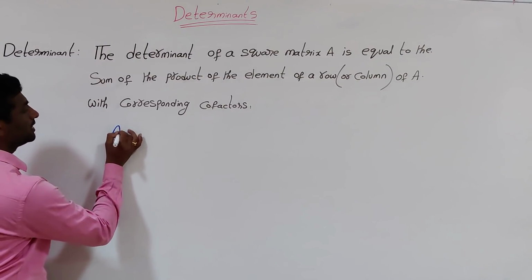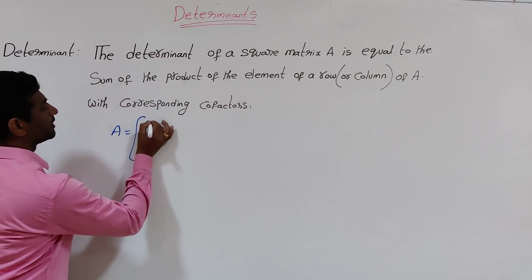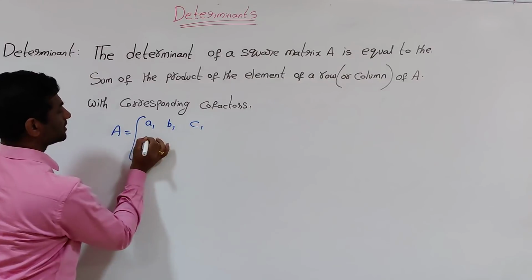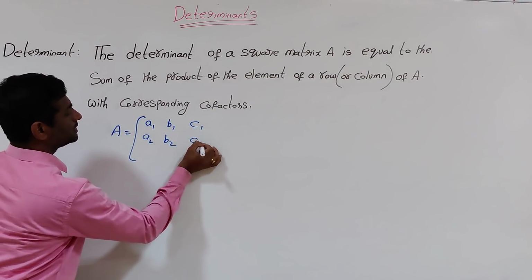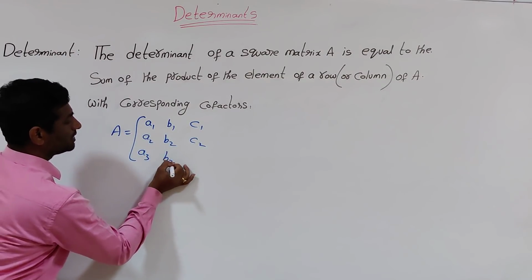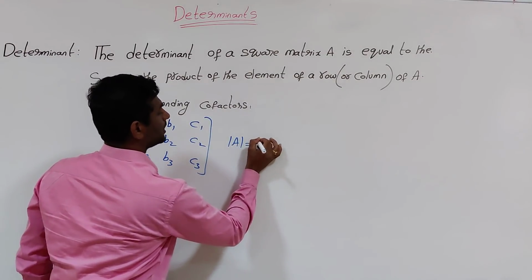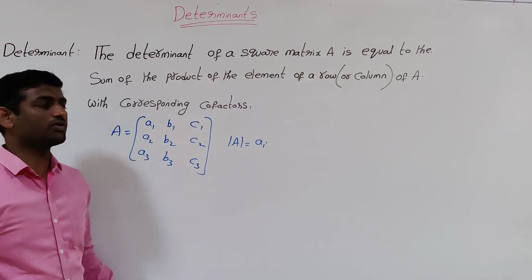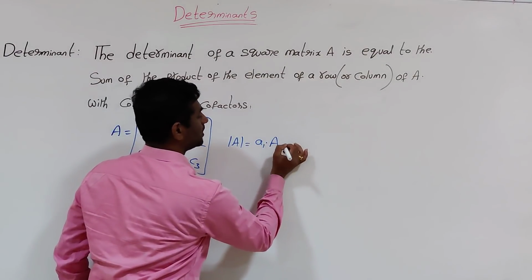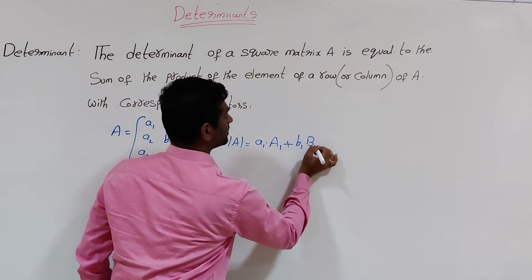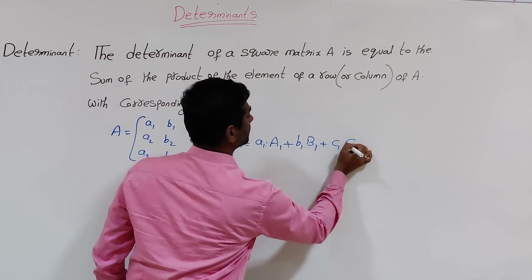That is, A is equal to A1, B1, C1, A2, B2, C2, A3, B3, C3. And determinant of A is A1 into cofactor of A1, that is denoted by capital A1, plus B1 into capital B1 plus C1 into capital C1.